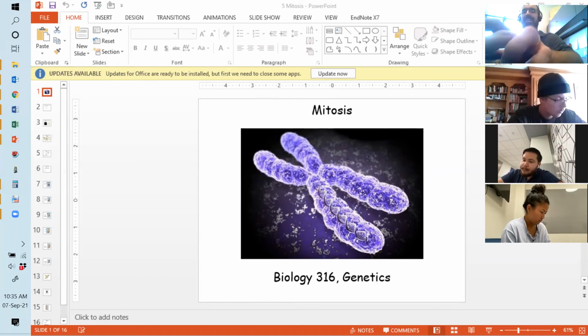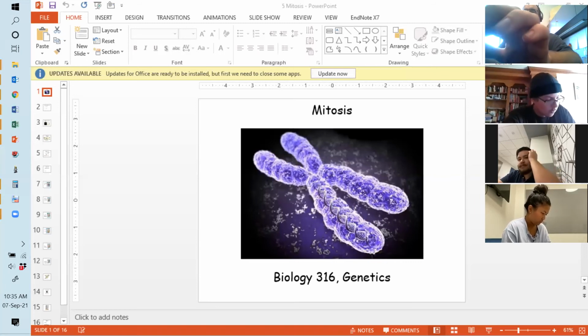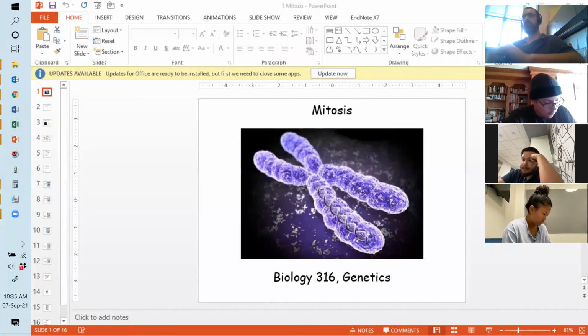Those are two exact copies of the same chromosome, one hopes, unless there are errors in DNA replication that weren't caught, that you get after DNA replication. So there's a very important difference between the two.